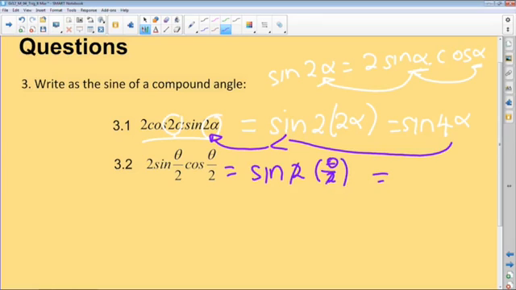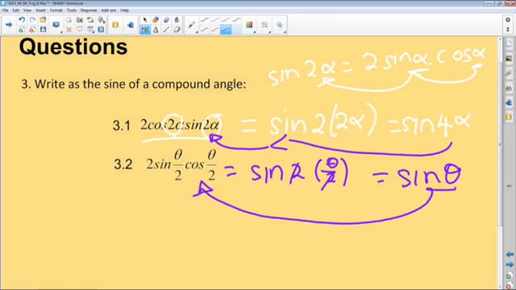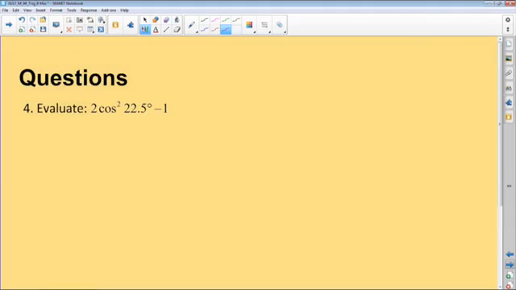Those 2's cancel, and I just get sine of theta. So again, importantly, we can rewrite and go this way. Sine of theta can be written as sine of 2 times theta over 2, and then you can write that as 2 sine theta over 2 cos theta over 2. So we can go both ways with these expansions, and it's important that you remember that.